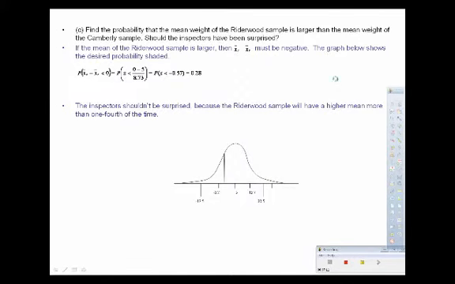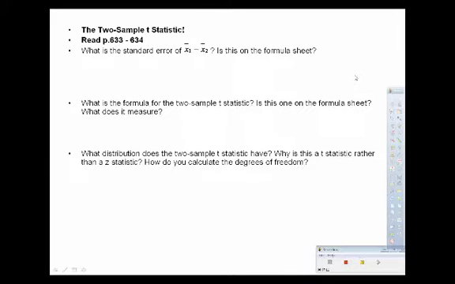All right. What is the standard error of x bar 1 minus x bar 2, and is this on the formula sheet? This is the formula for the standard error: it's the square root of your first sample variance over your first sample size plus the second sample variance over the second sample size.